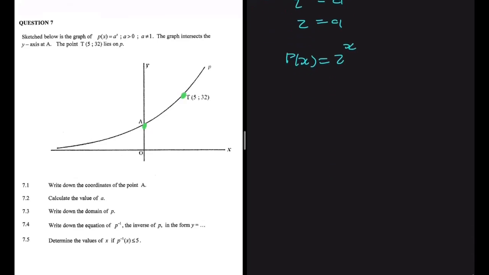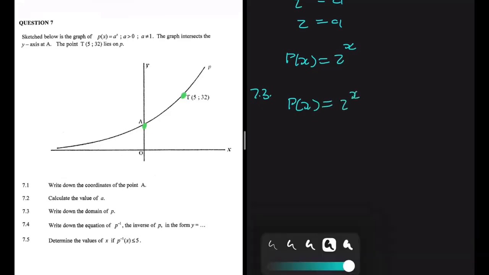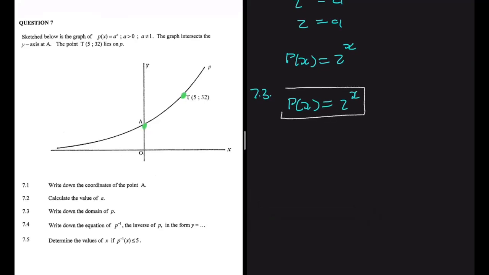Now let's move to 7.3. It says let's write down the domain of p. We know that p of x is equal to 2 to the power of x. If you look at this equation, you will realize that it is defined for all negative values of x, and it is also defined for all positive values of x. It's also defined at x equals 0.